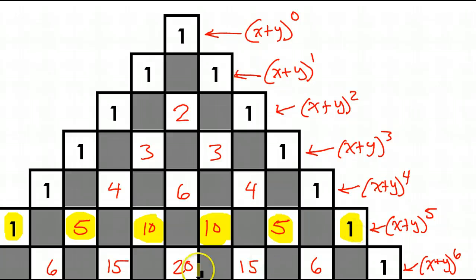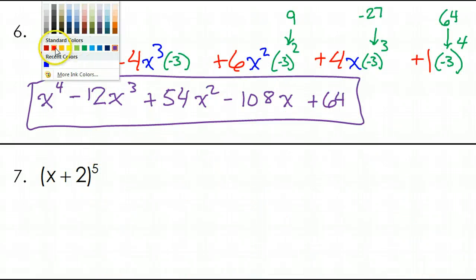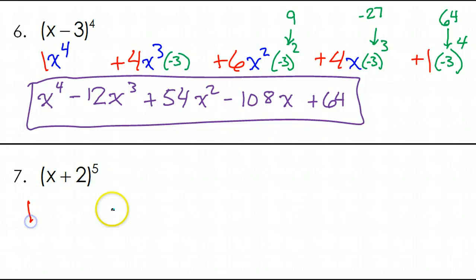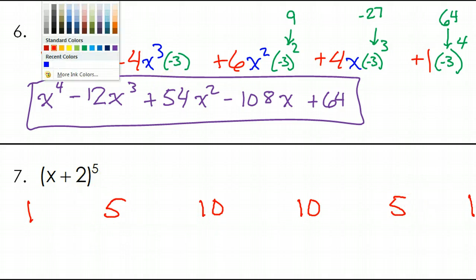So it'll be 1, 5, 10, and then 10, 5, 1. And these always start off positive.